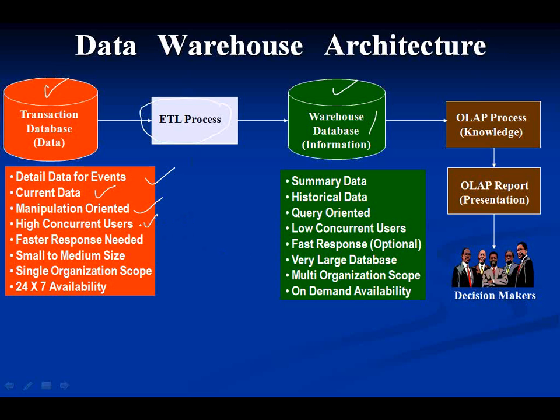And when you talk about usage, many people work around here. You find high concurrency; concurrent users are simply users working with the database simultaneously. With this database I always expect faster response, because performance is very important.